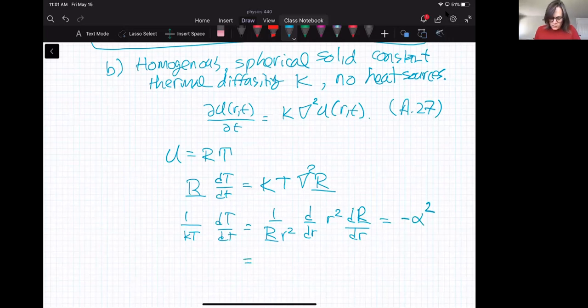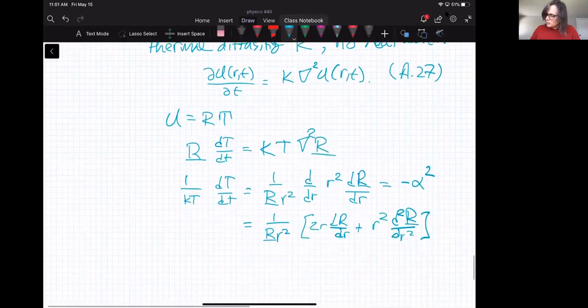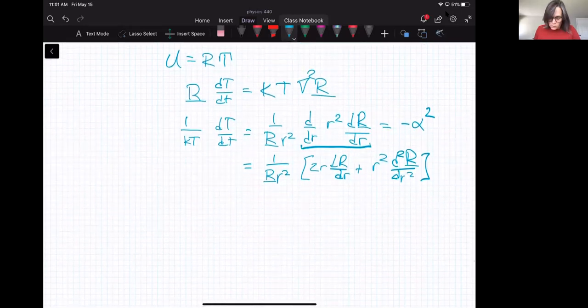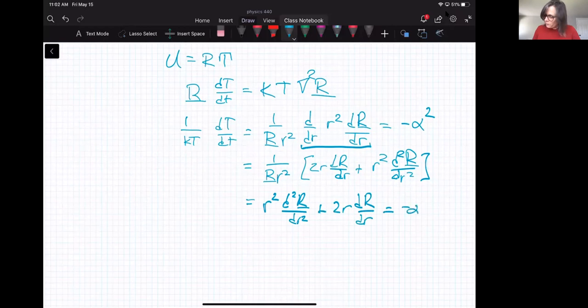Then if we factor things out to make it more reasonable looking, 1 over r squared times 2r dR/dr plus r squared d squared R/dr squared. We've basically just rewritten what this looks like. This equals r squared d squared R/dr squared plus 2r dR/dr is equal to minus alpha squared r times capital R.